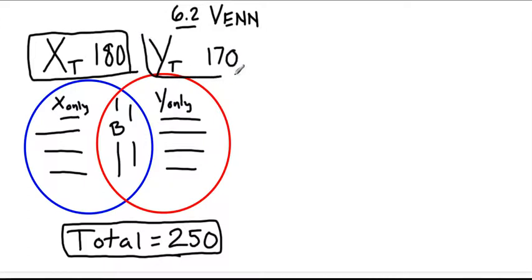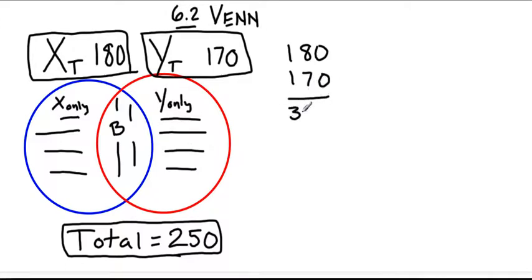Well, the thing is, if you add these two together, you'll see that there are people with both, because 180 plus 170 is 350, which is a heck of a lot more than our 250 given as the total population of our little town. So some people have to have both.